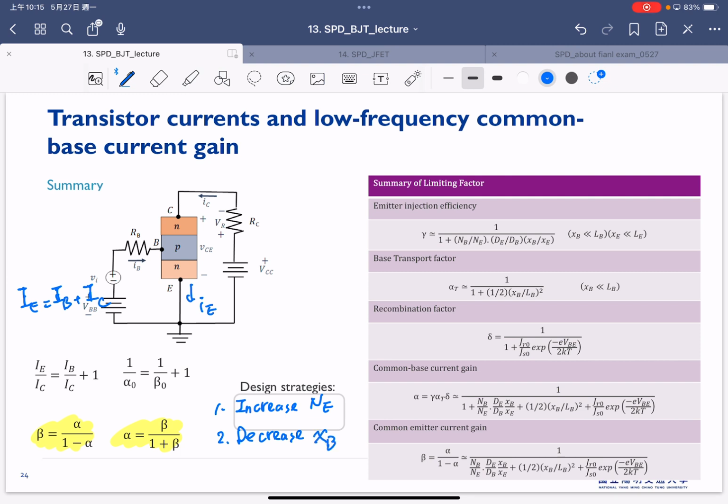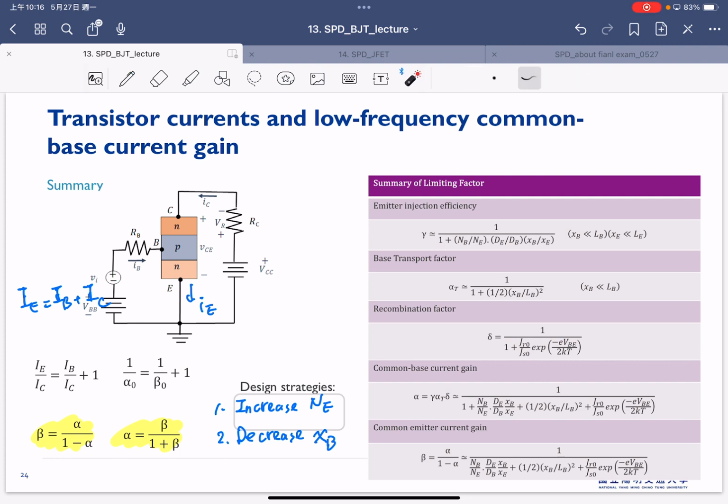If you increase the emitter concentration, that will increase your current gain, and also decreasing your XB, your base width, can also in the end increase the current gain.